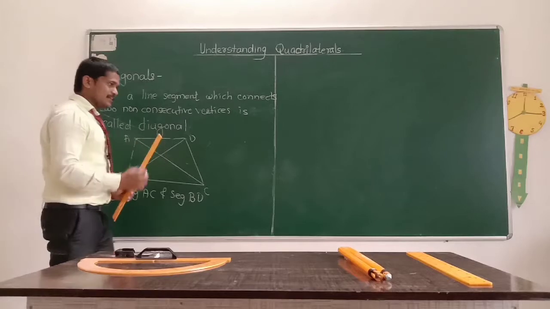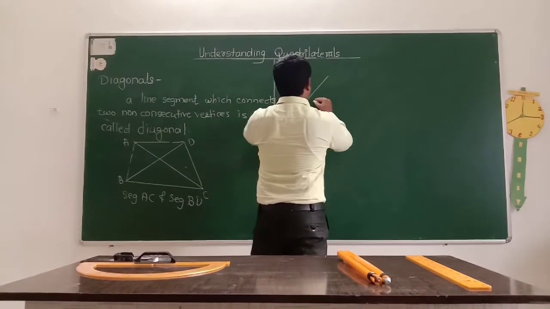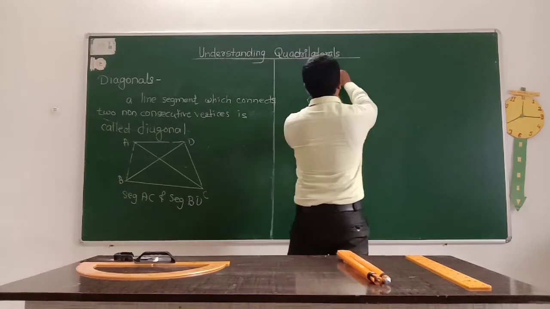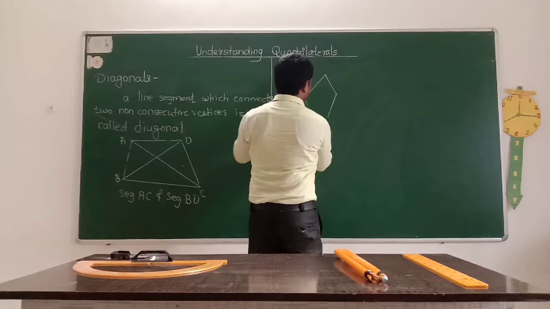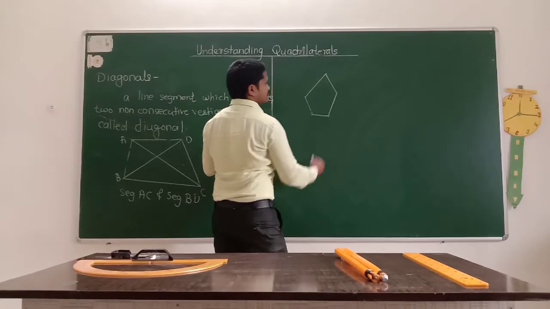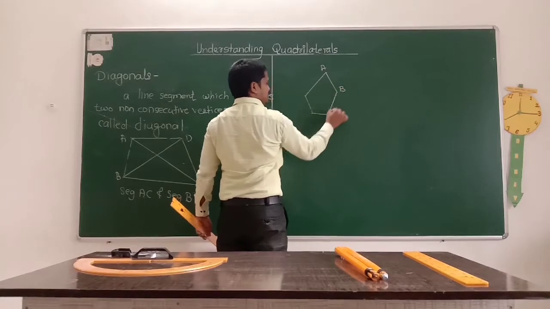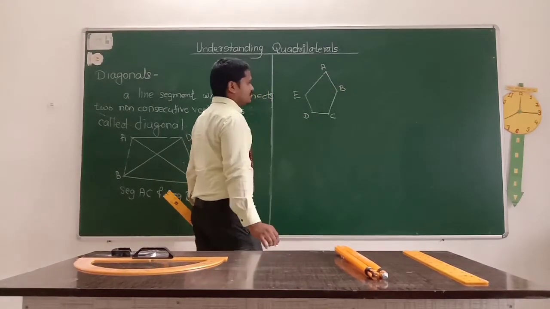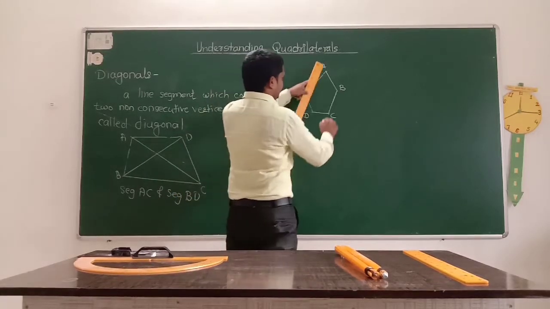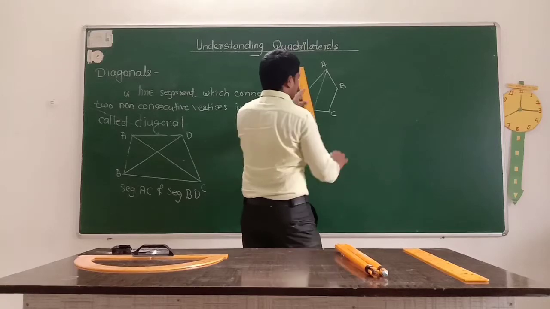Okay. Now let us take one more example of a pentagon. That will be the example of a polygon with more sides. So see, this is a pentagon. Let us say this is A, B, C, D and E. AE and AB are consecutive vertices. If we join A and D, this is the first diagonal.